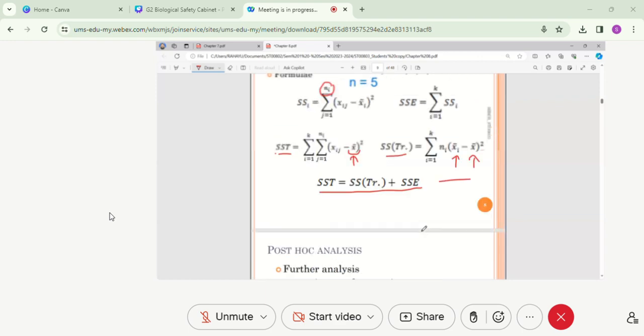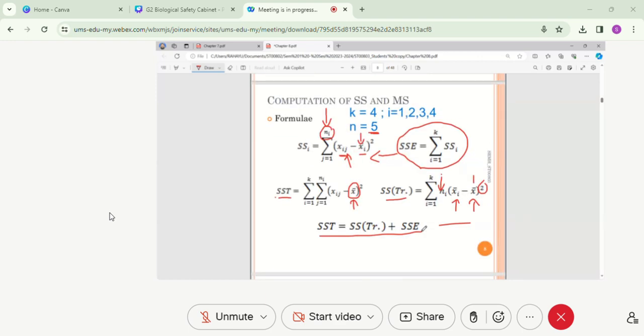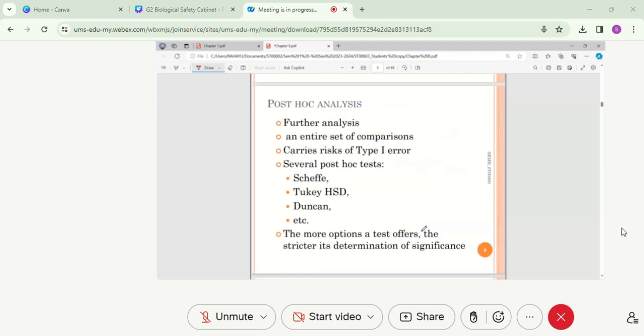What about ANOVA is that ANOVA can detect a significant difference between groups, but ANOVA cannot pinpoint where the significant difference came from. What caused the significant difference?